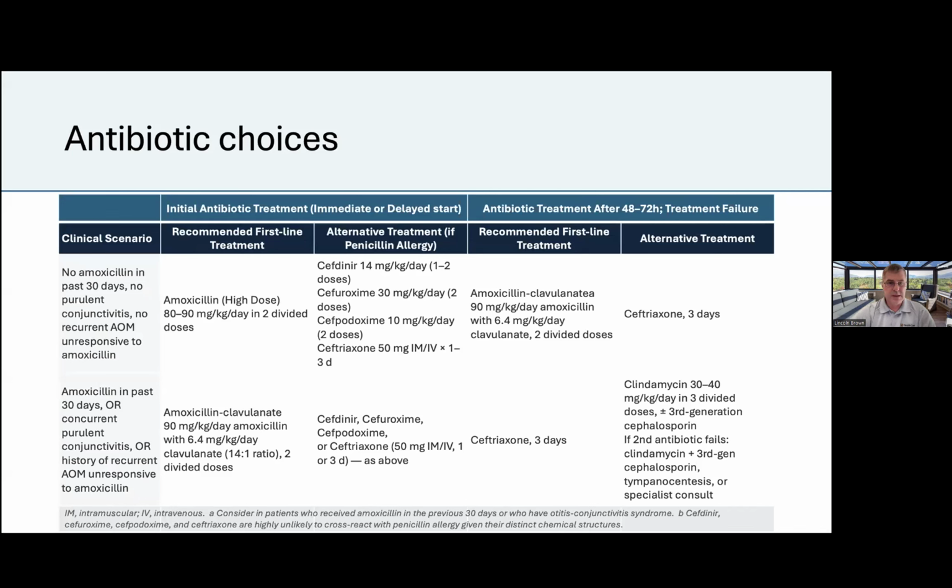Again, for people like me that like it in a nice graph form, we have the high dose amoxicillin divided twice a day. When we say initial treatment, both immediate and delayed start, that is a nod again to the observation with close follow-up. And then if we get into antibiotic resistance or failure.